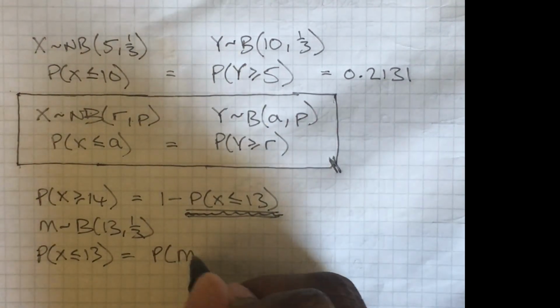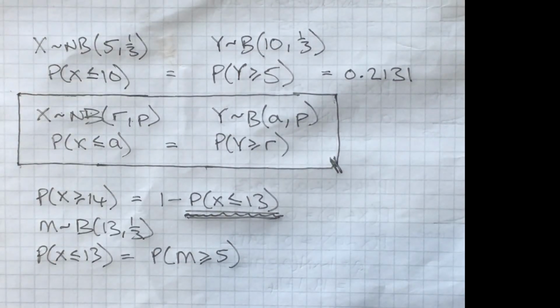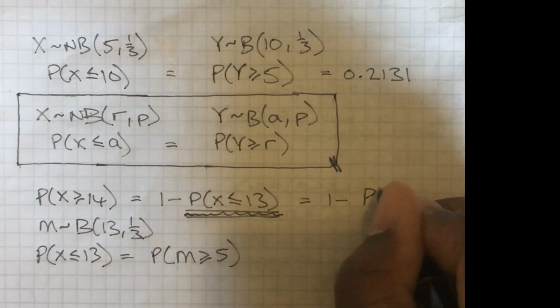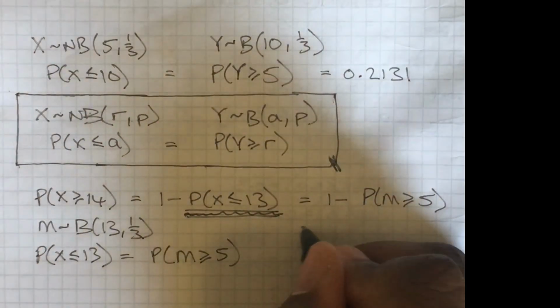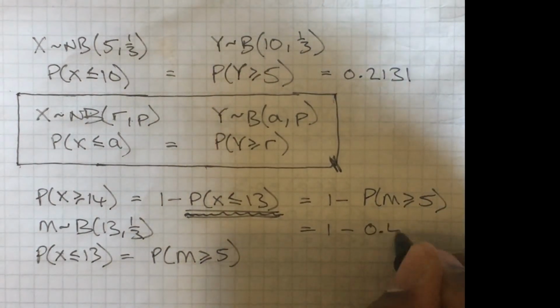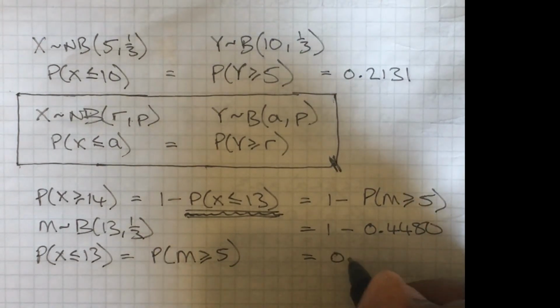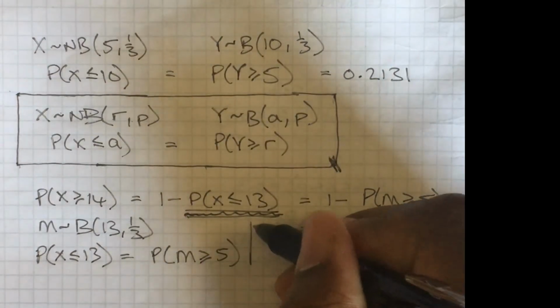Alright, so I can find this probability now, the less than or equal to 13, because I know there's equivalent standard binomial calculation to do, and in our calculators we can work that out quite easily. So in this case it's 0.4480, and if I just follow through my 1 minus, I get 0.5520.